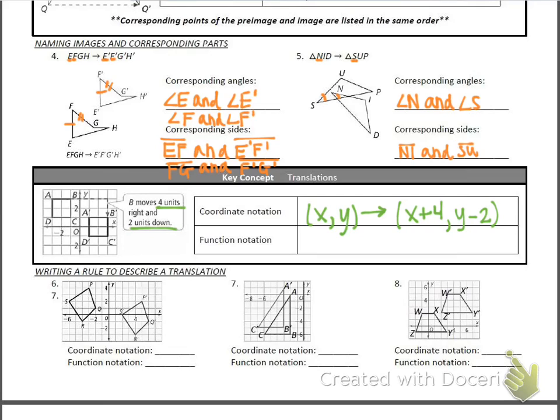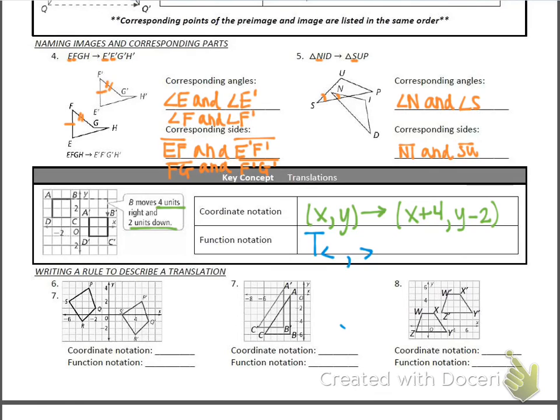So for translations, it's a capital T. So for function notation, we notate that it's a translation by using a capital T. And then we use arrow brackets, the pointy ones, the less than, greater than looking ones. But for translations, we still write it in the form x comma y.